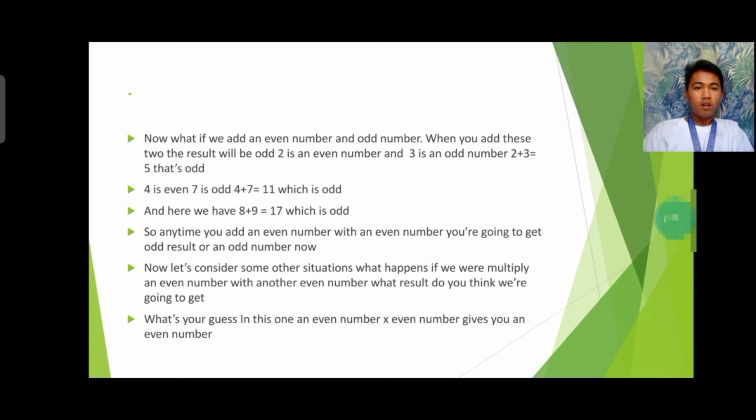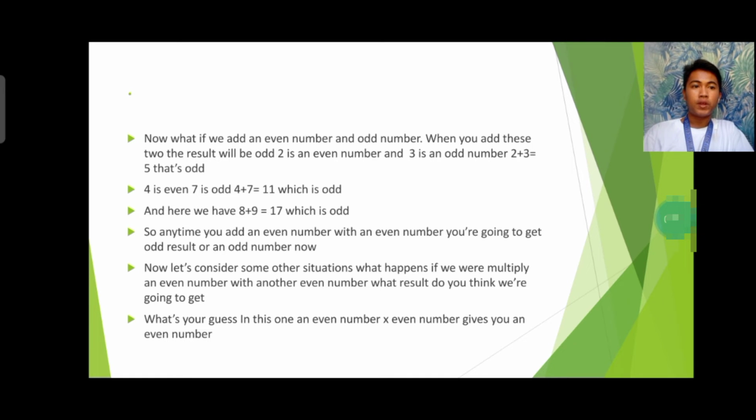Another example. 4 is an even number, 7 is an odd number. 4 plus 7 equals 11, which is odd. Here we have 8 plus 9 equals 17, which is odd. So anytime you add an even number with an odd number, you're going to get an odd result.